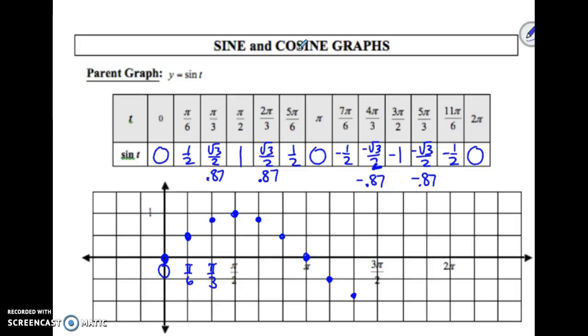At 3 pi over 2, we're at negative 1. At 5 pi over 3, we're at negative 0.87. 11 pi over 6, we're at negative 1/2. And at 2 pi, we are at 0. Okay. So now if we go ahead and connect this, you will see what the sine curve looks like.